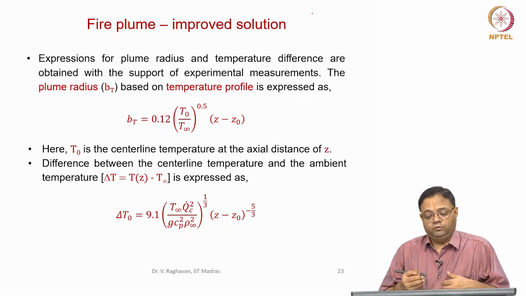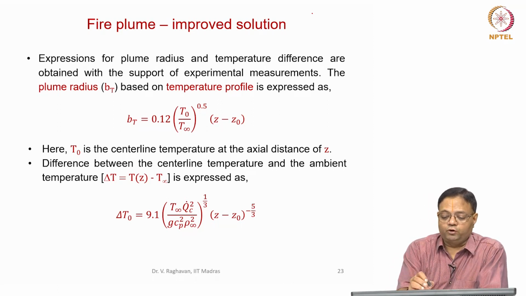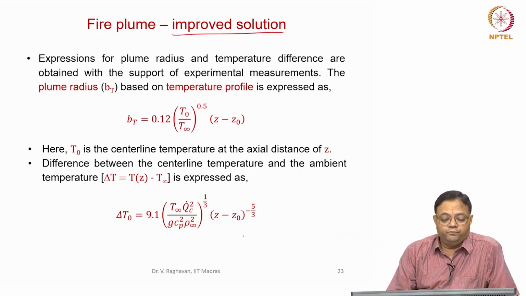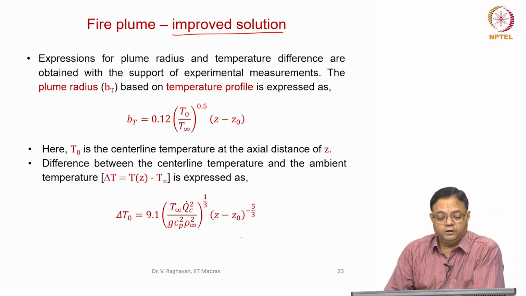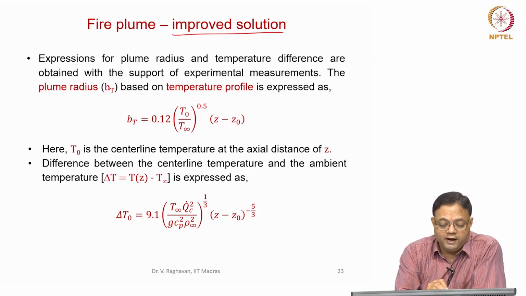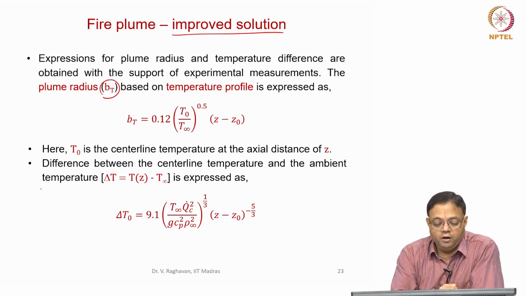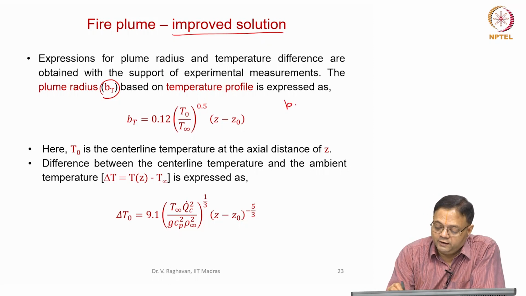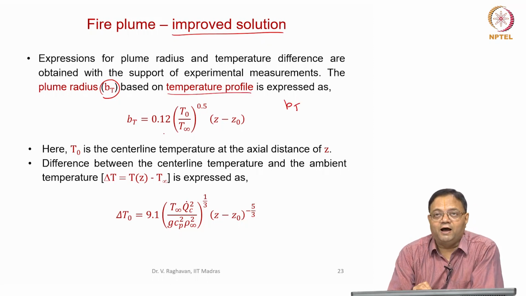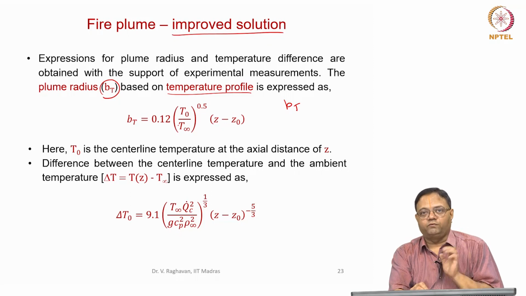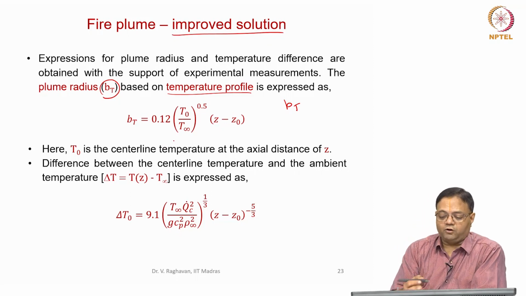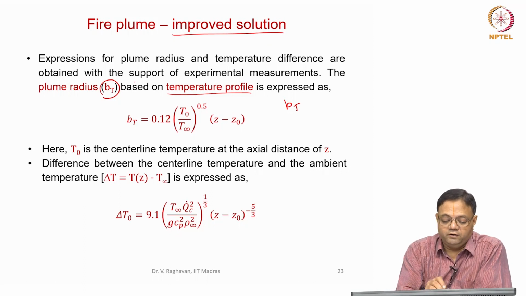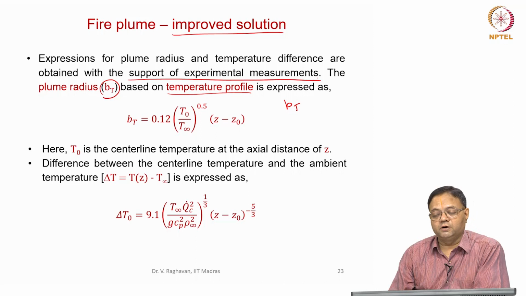Now, when I incorporate this, I get some improved plume solutions. First of all, the radius of the plume. As I told you, there are two ways to consider that. When I say BT, it is based upon the temperature profile, where the center line temperature has decayed to half of the value. So, these are correlations. Basically, these expressions are obtained with the support of experimental measurements.